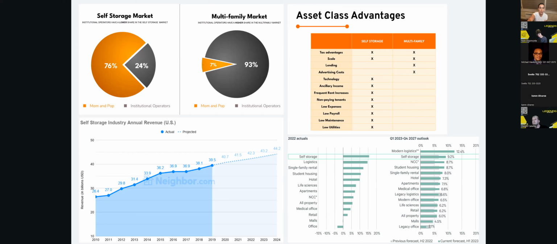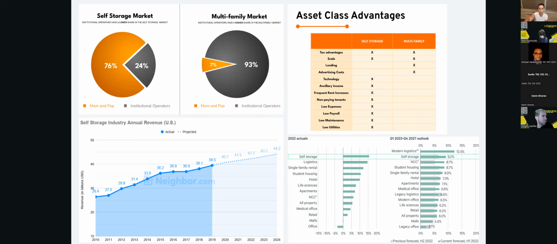So you see mom and pop account for about 76% of storage facilities, and then 24% are institutional operators. So that 76% right there leaves room for us if people are interested in investing in self-storage. Whereas you have the multifamily market, which is more institutional operators compared to mom and pop.